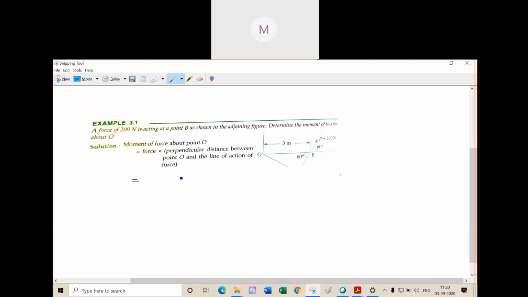So you have to write it as sin theta. The values are the same, but it will be just sin theta, not cos theta. That means it will be sin 60.